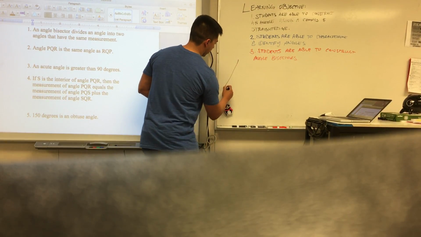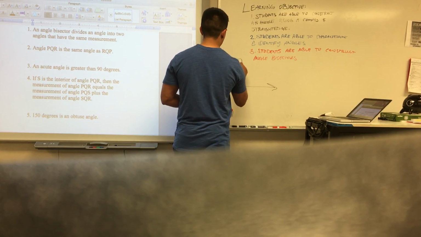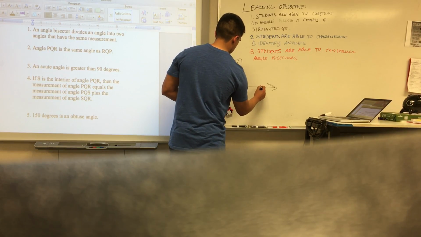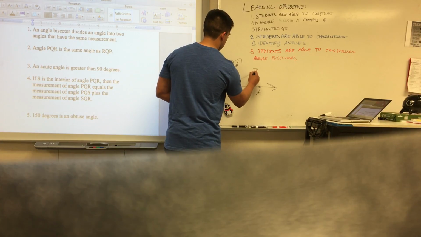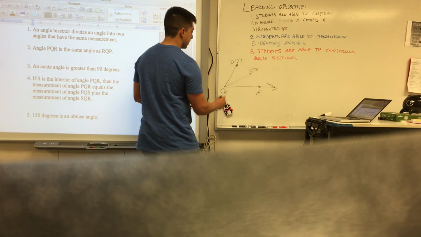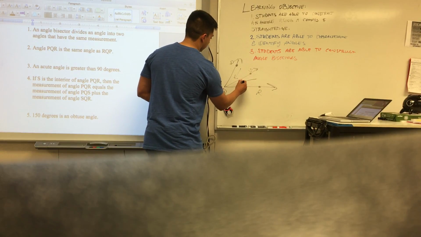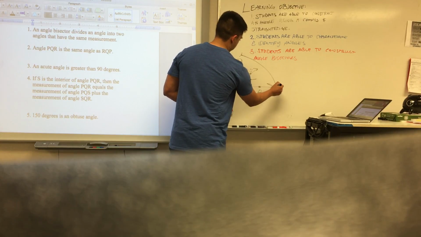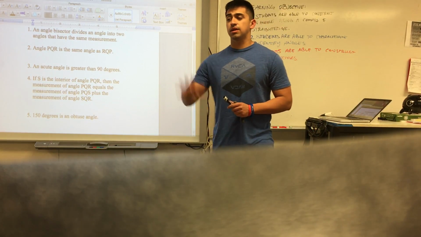If we have angle PQR, and we have S in the interior, it is saying that the measurement of this angle plus the measurement of that angle equals this whole angle. Those of you who agree with this statement, go ahead and raise your hand.